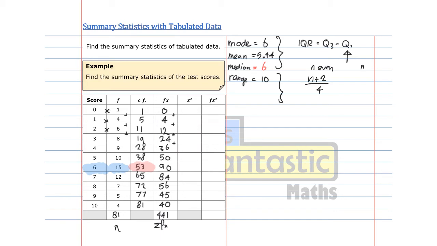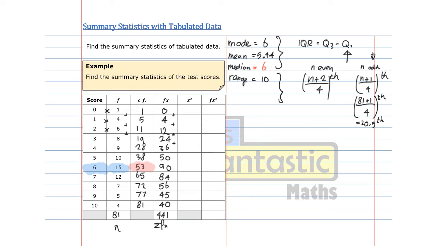And if n is odd, then Q1 will be the (n plus 1) over 4th number. Now in our case, n over here is 81. So we're going to use the odd version of the rule. So Q1 is going to be the 81 over 4th number, which is the 20.5th number.